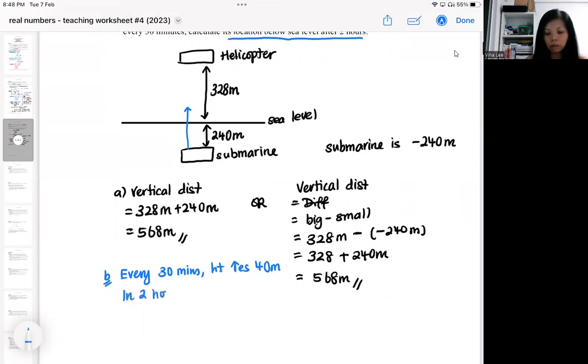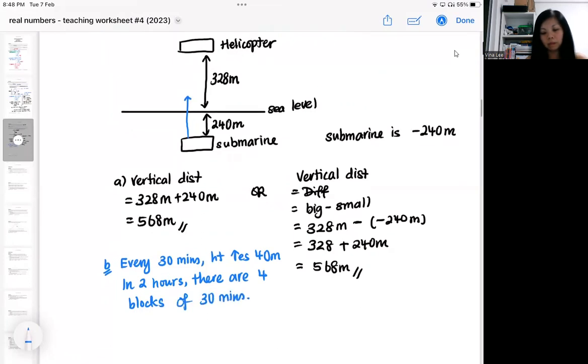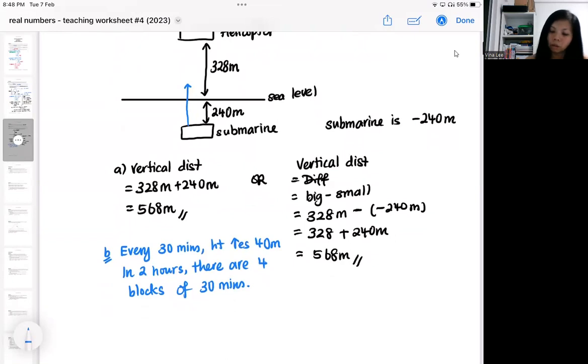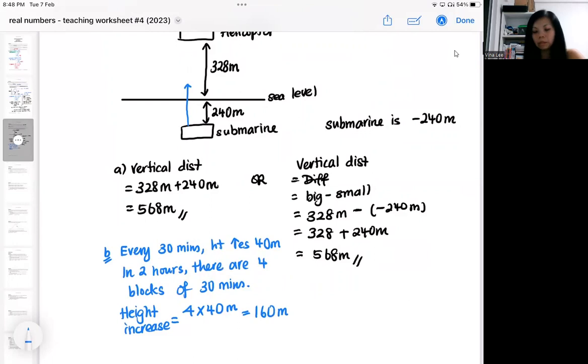So in 2 hours, we have 4 blocks of 30 minutes. That means the height increase will be 160 meters. Okay, so you're going to increase the height by 160.